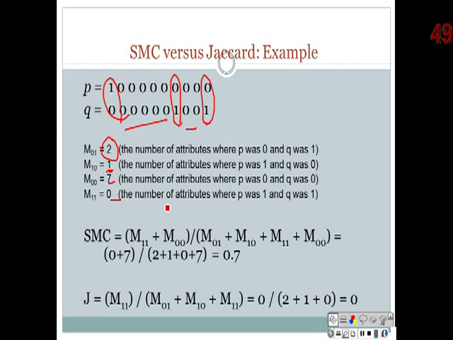So if I want to calculate the SMC, I would calculate how many times both of them were 1 and both of them were 0, so this is the similarity between them over the total. In this case, I have the 0 and I have the 7, so 7 over the total, which is 10, which is 0.7. Now, if I am considering the second type of example of Jaccard, where I'm concerned about matching two texts, I only care about the two texts appearing.